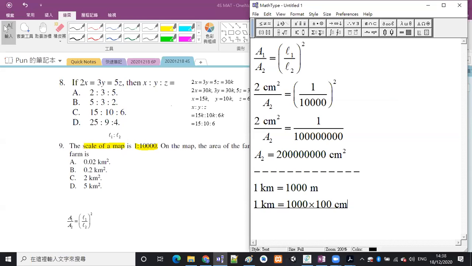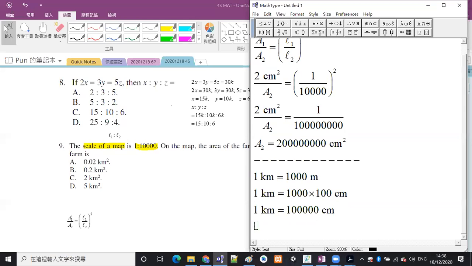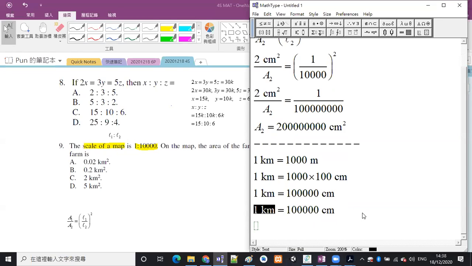Can you get this? Okay, that is 1 km is equal to 100,000 cm. Now we want to find the relationship between cm square and km square, so we first found the relationship between cm and km, and then we square this equation.